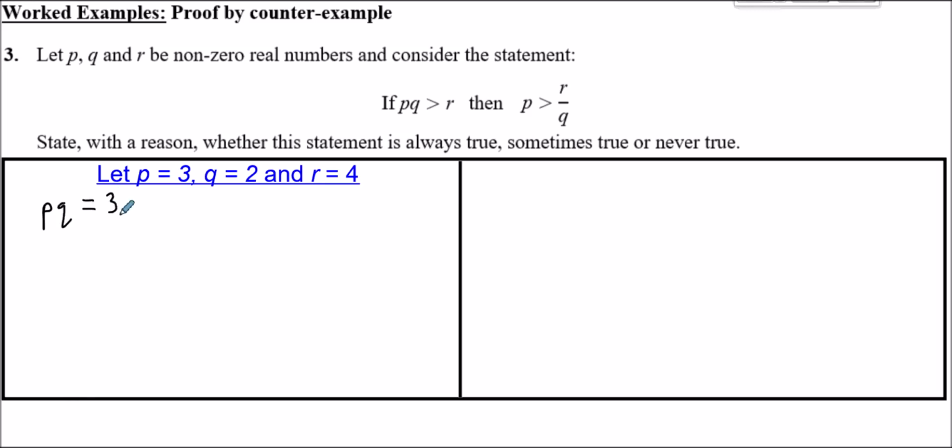would be 3 times 2, which is obviously 6, and we'd have that 6 is greater than r because r is 4. So that's true.